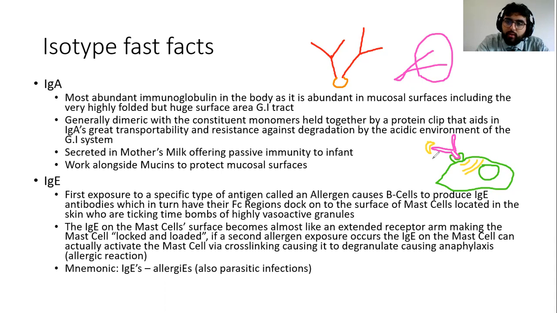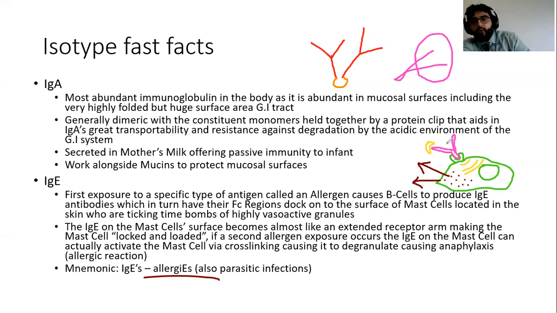And this is significant because the mast cell is full of granules of highly vasoactive compounds. Basophils and mast cells, because they have these granules, are very prominent in allergic responses. And the mnemonic is IgE allergy, and I think I have that down here. Also parasites as well, but that's aside the point.